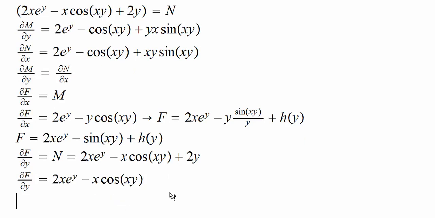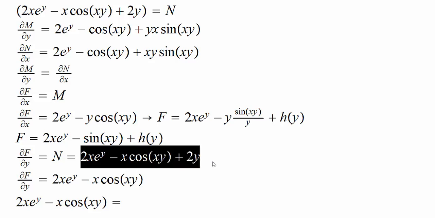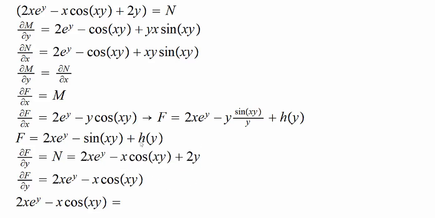Okay, so this quantity here and this quantity, they have to be the same, right? So what we must have is that this has to equal this. Okay, oh, just a moment, we forgot this here. We had h of y also. So then we shall have dh over dy. Okay, sorry, I forgot about it.